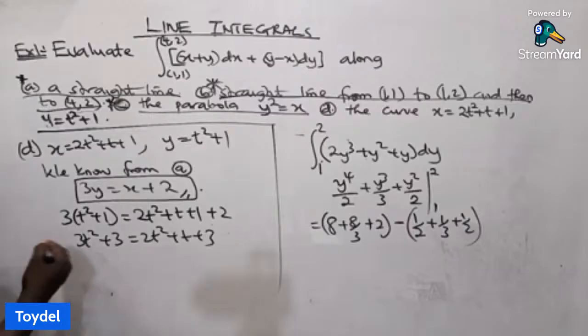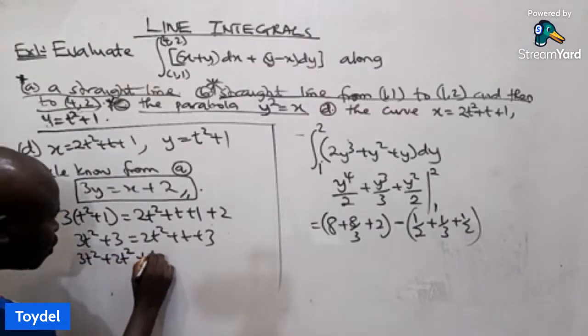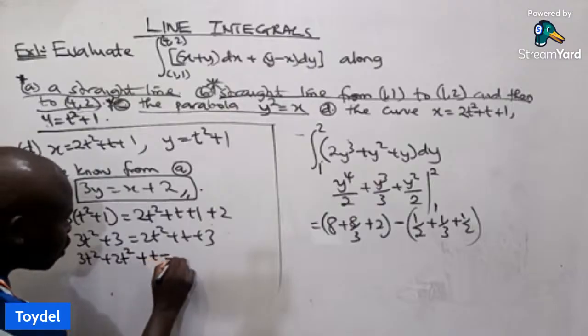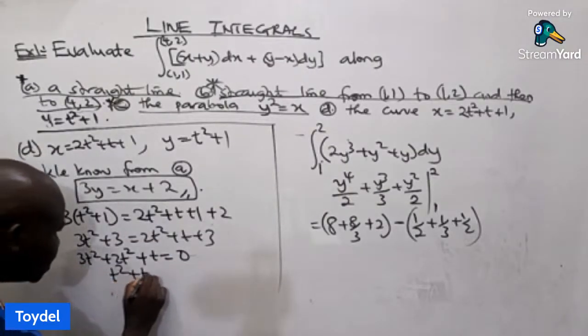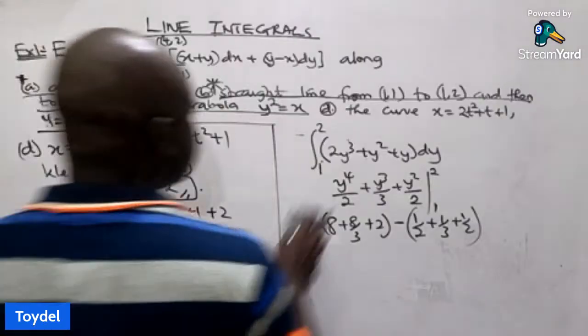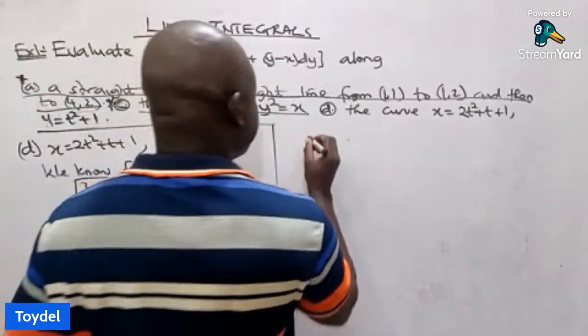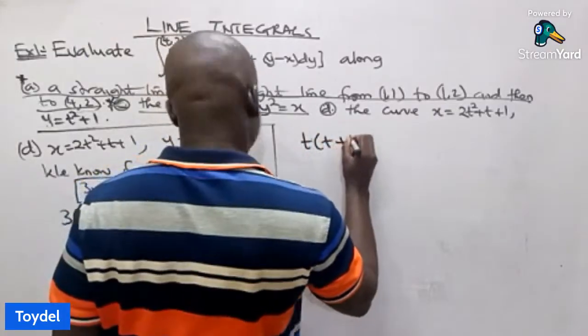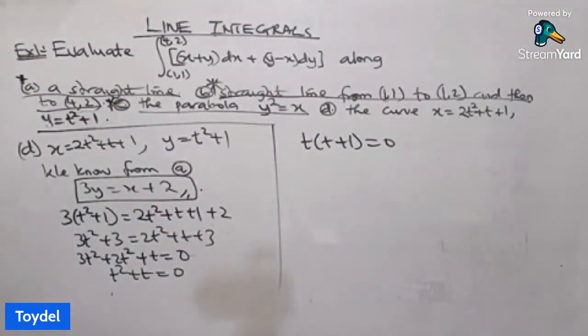So we now write everything together. We bring everything to one side. We have 3t squared minus 2t squared minus t to be equal to 3 minus 3. That will be 0. So here we have t squared minus t to be equal to 0. Then when we factorize that, we are going to have t into brackets t minus 1 is equal to 0.